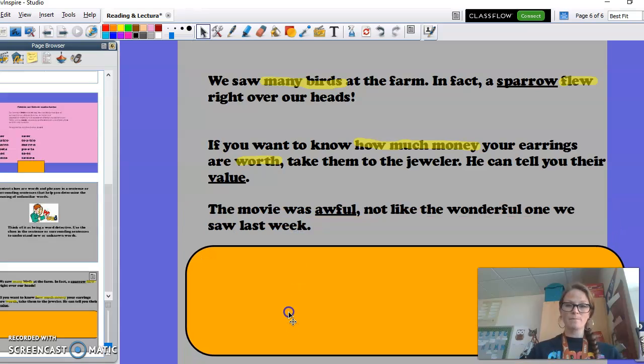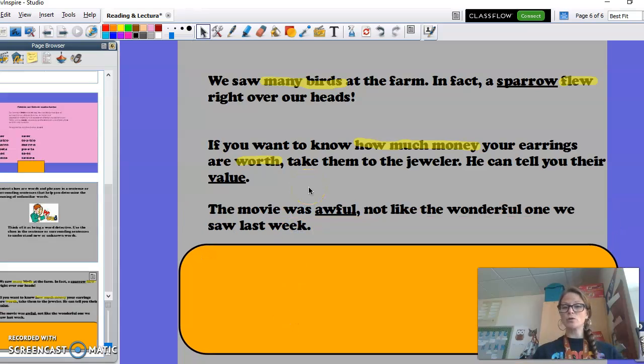Let's try one more. Sometimes authors will give you antonyms, all right, to help you understand. So the movie was awful. Not like the wonderful one we saw last week. Seeing this word not lets me think that we're probably looking at opposites.